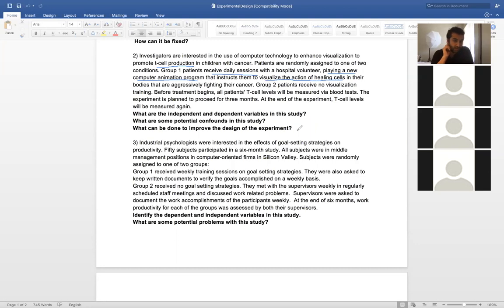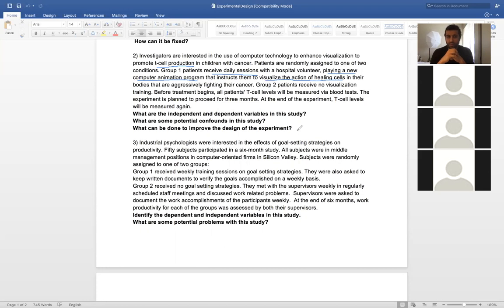So the number one problem with this is the placebo effect, right? What I mean by the placebo effect is that the volunteer that works with group 1 has this feeling that visualization will make a change, and so they might have this placebo effect that they have to watch out for, right?